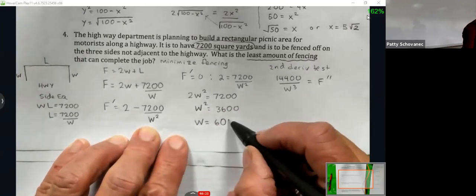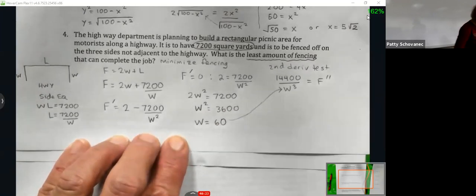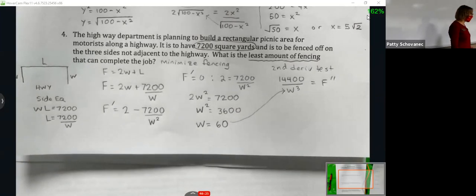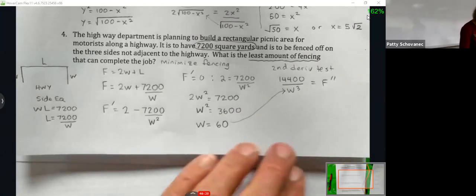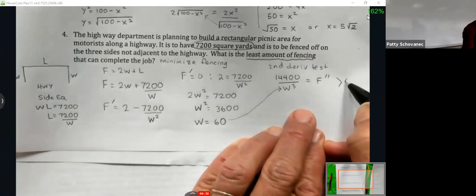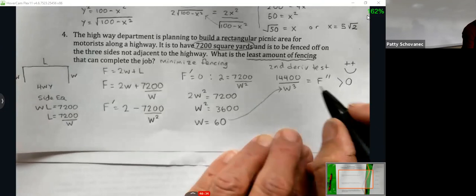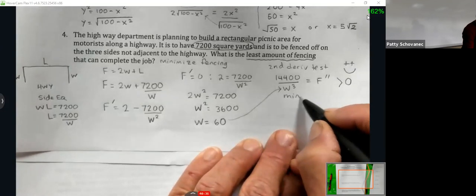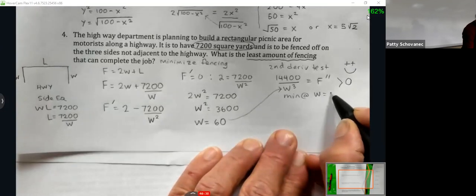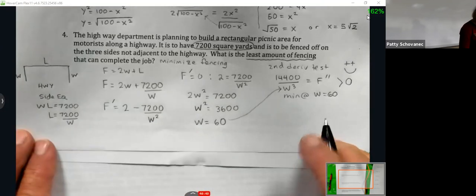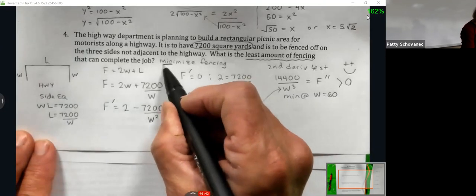So we put the 60 in there. Everything there is going to be positive then. F double prime is positive, which means my graph is concave up, and I have a minimum at W is 60, which is good. I wanted a minimum.